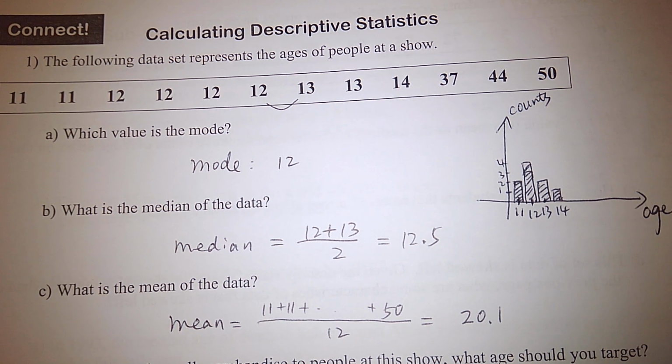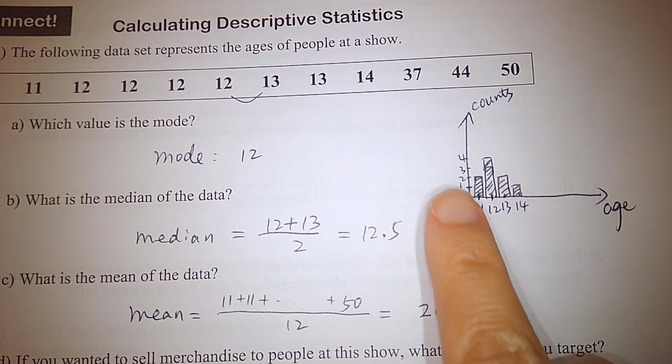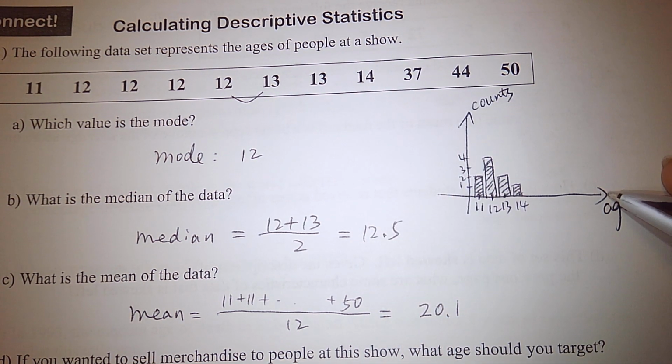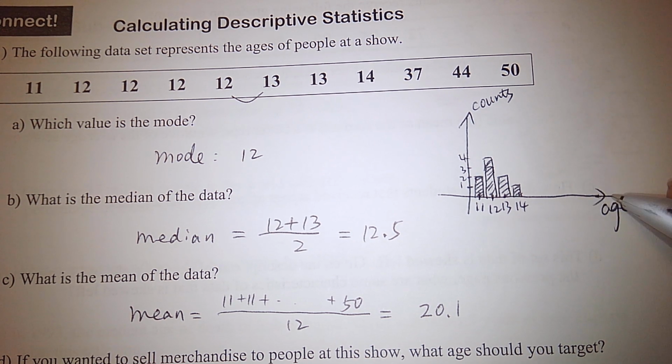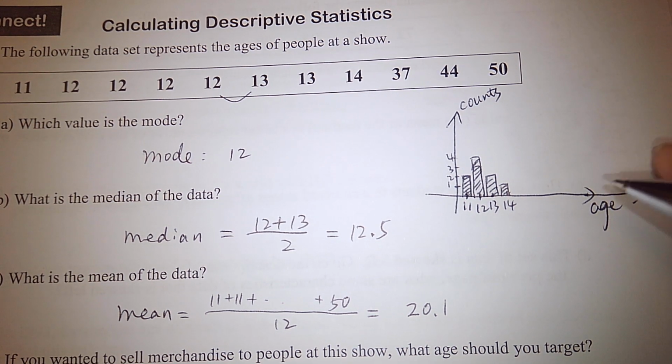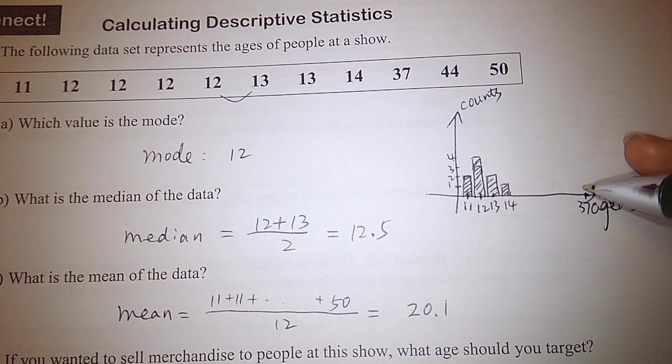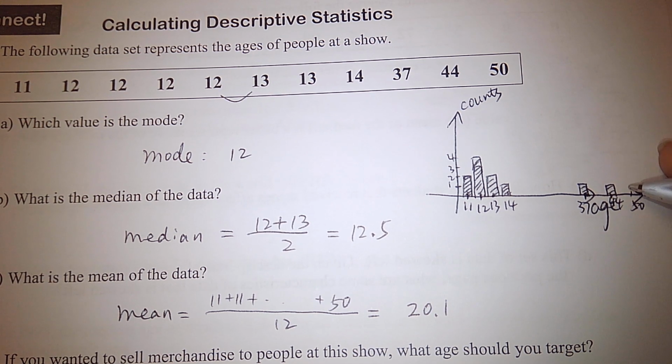So we draw it here. And then 37, 40, and 50. Oh wow, they're high. This graph is not enough, right? But I'm going to draw them here. So for example, 37 years is here, 44 years old here, 50 years old is there. So they'll each just count for 1, 1 count for each of them.